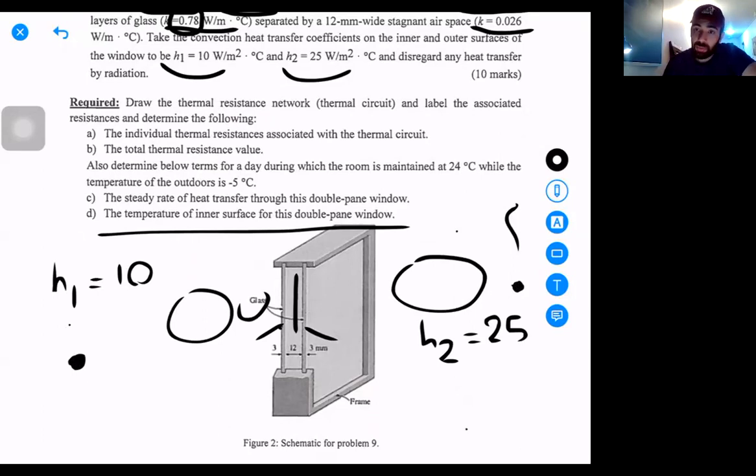The inner surface temperature of the glass is the temperature at the second point. The heat transfer rate is equal in all layers of this system.